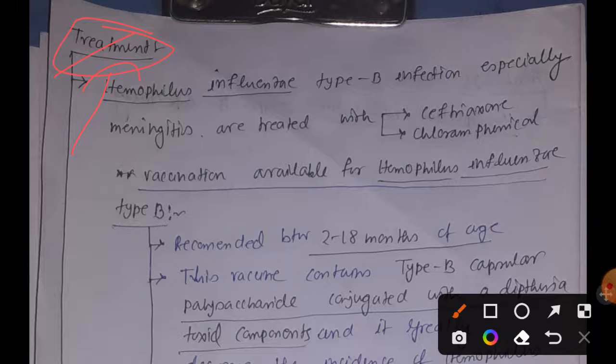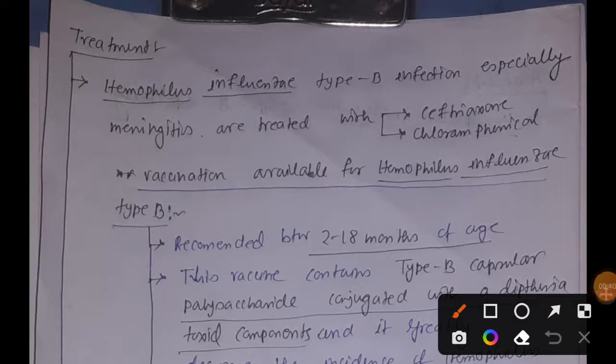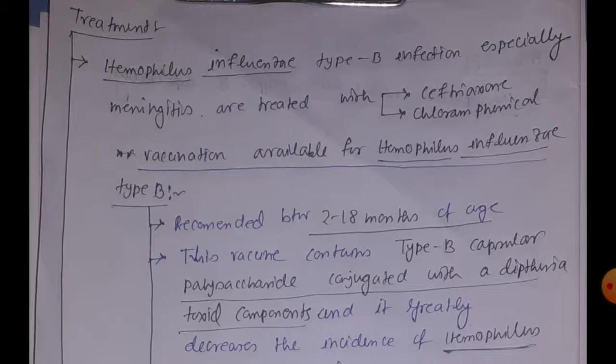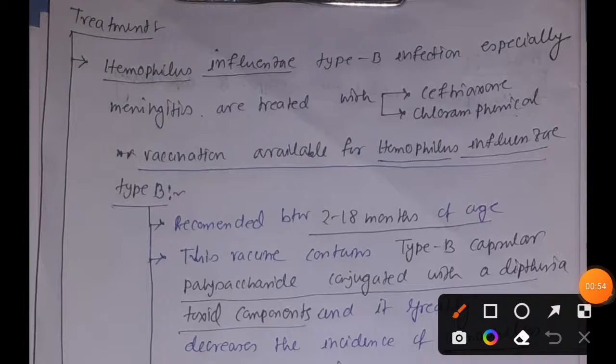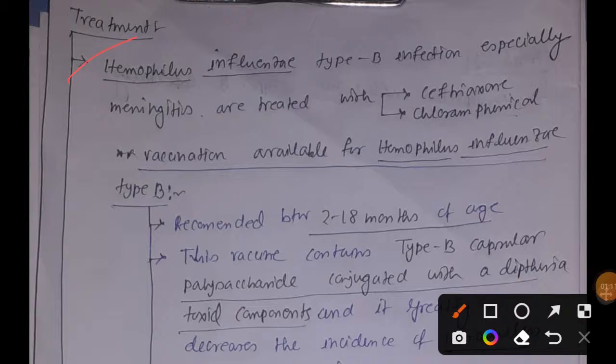If you have basic knowledge of Haemophilus influenzae, such as what kind of strain causes infection, how they cause infections, and which type causes more invasive disease and which causes less, then you can continue with us from that video. Okay, so let's start. We have already discussed that only two strains cause infection: Haemophilus influenzae type B and Haemophilus influenzae non-typeable.